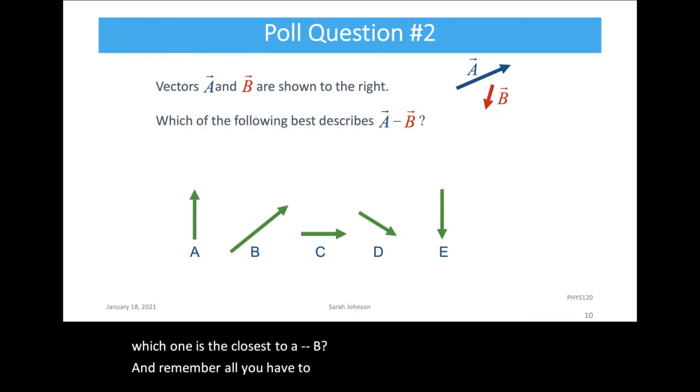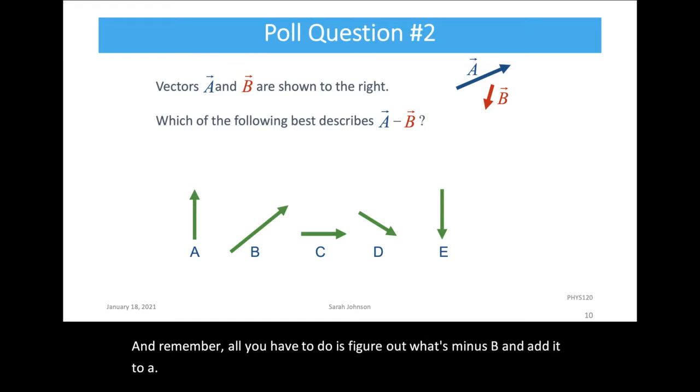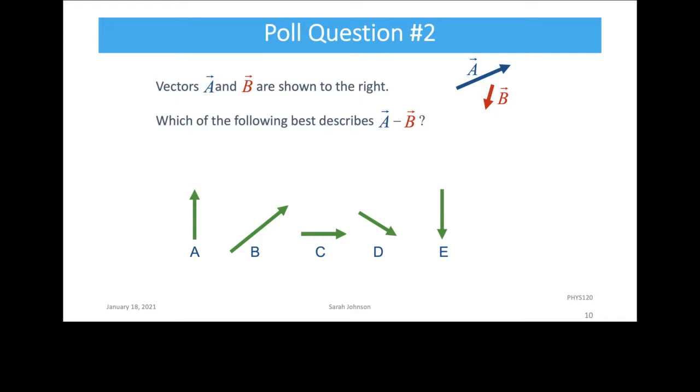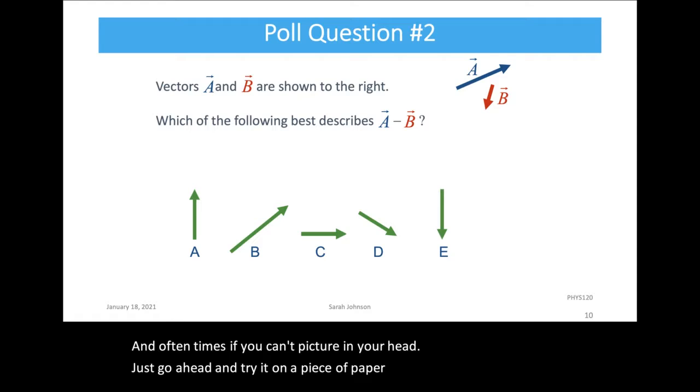And remember, all you have to do is figure out what's minus B and add it to A. And oftentimes, if you can't picture it in your head, just go ahead and draw it on a piece of paper. That's always one of the best ways to figure these things out.